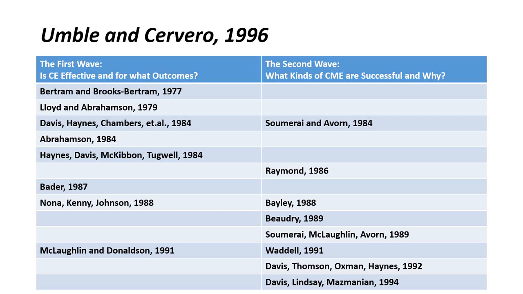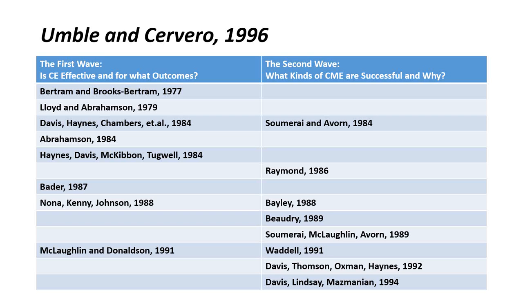If you reflect back on the findings of the overall synthesis that Severo and Gaines did, you will see that the first wave are findings 1 and 2. That is, that CME is effective in terms of performance outcomes and patient health status, and that it's more predictive in terms of performance outcomes than it is in terms of health status outcomes.